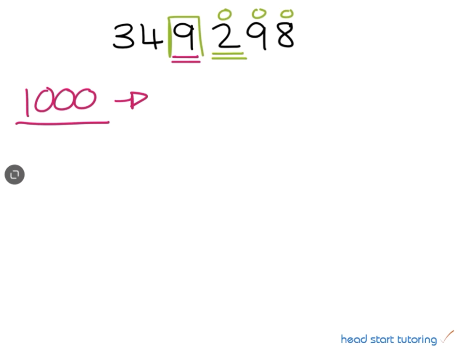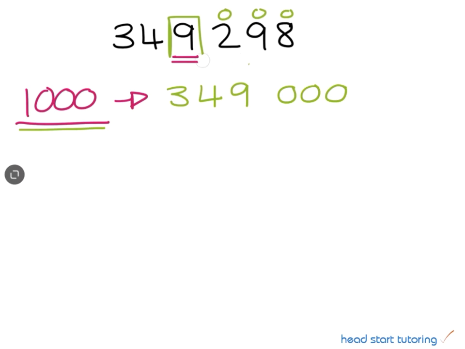So rounding the number 349,298 off to the nearest 1,000 will give us an answer of 349,000. And that is because this 2 is less than 5, and also because 9,298 is closer to 9,000 than it is to 10,000.